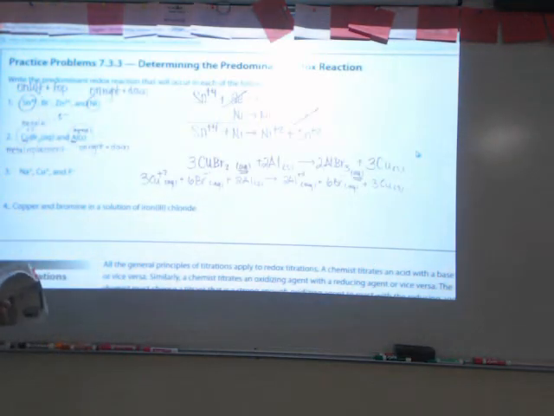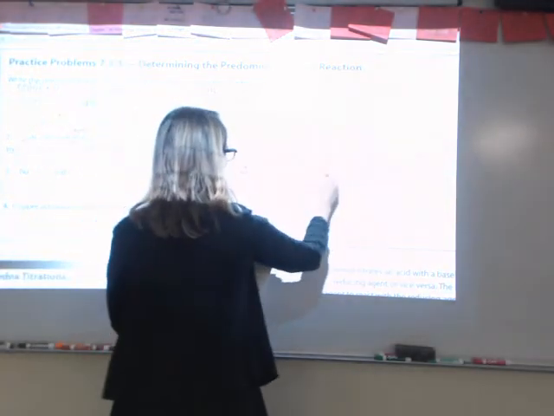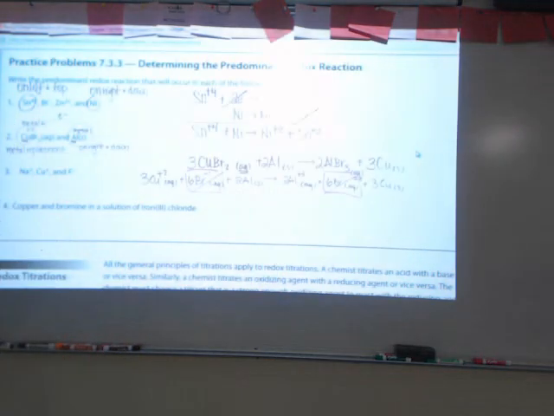And then you tell me what's going to cancel. The 6Br-1, yeah, these are your spectator ions because they're the same on both sides. So those would cancel, and then what you're left with is the overall reaction that would occur.